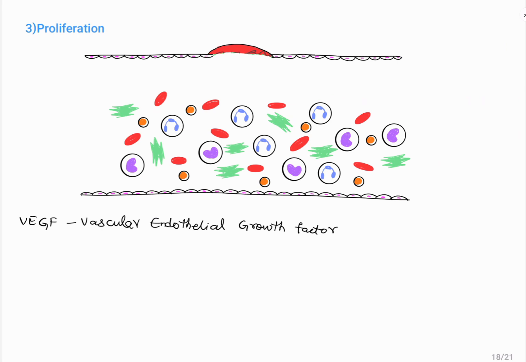Now let's come to the third phase of wound healing, that is proliferation. During proliferation, the cells of the vascular endothelium surrounding the site of injury release some specific factors like vascular endothelial growth factor, tumor necrosis factor alpha, and transforming growth factor beta. These factors are responsible for angiogenesis, that is formation of new blood vessels.